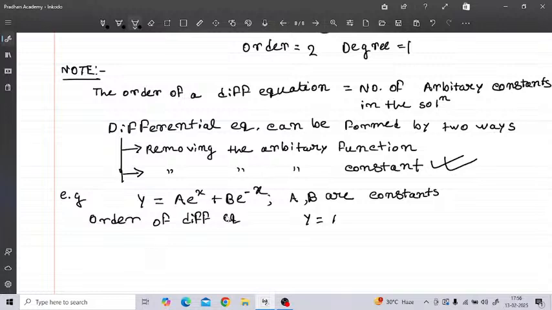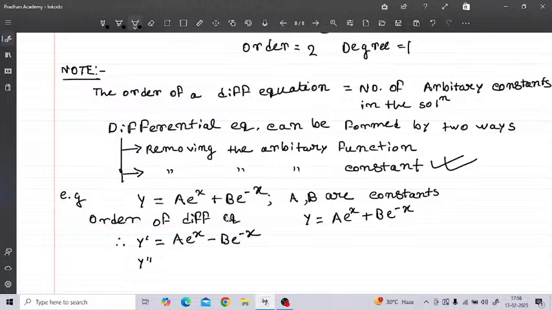So y is given as a e to the power x plus b e to the power minus x. Differentiating, y' equals a e to the power x minus b e to the power minus x. Now it involves a derivative, but we are still not able to eliminate a and b. We should not stop differentiating till we are able to eliminate these two arbitrary constants.